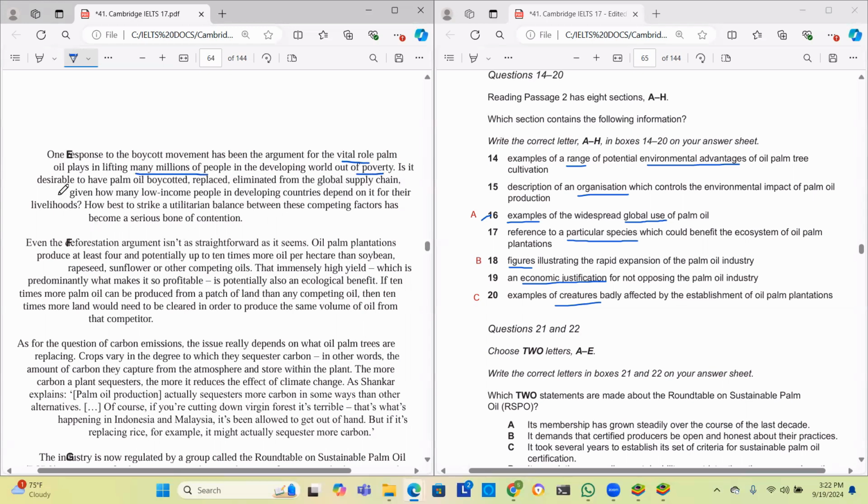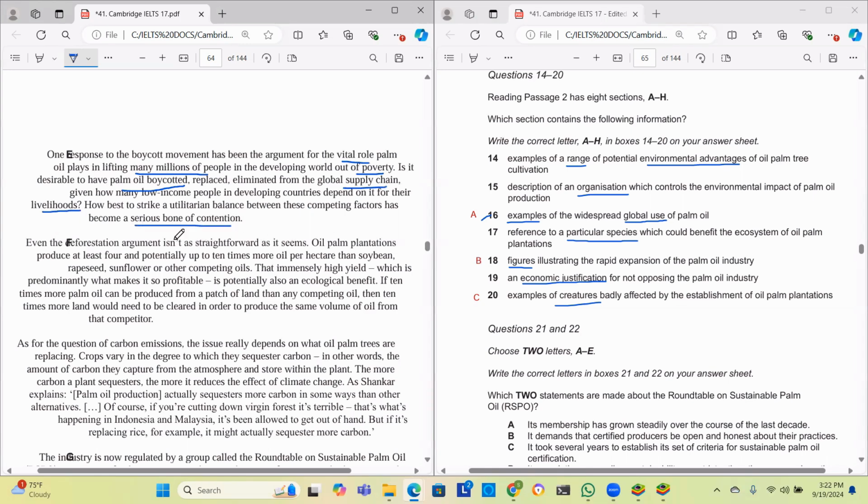Is it desirable to have palm oil boycotted, replaced, eliminated from the global supply chain, given how many low-income people in developing countries depend on it for their livelihoods? So this is a question here. How best to strike a utilitarian balance between these competing factors has become a serious bone of contention.